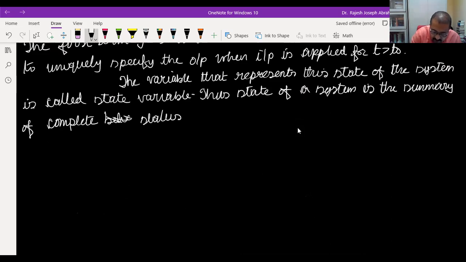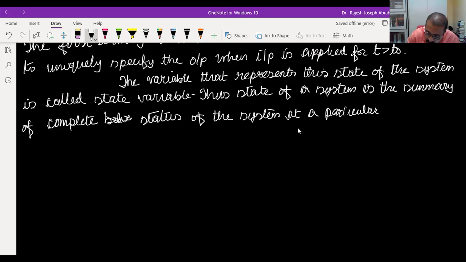The complete status of the system at a particular time instant. So state is the summary of the complete status of the system at any given particular time instant. And the variable that represents this state is called state variable.